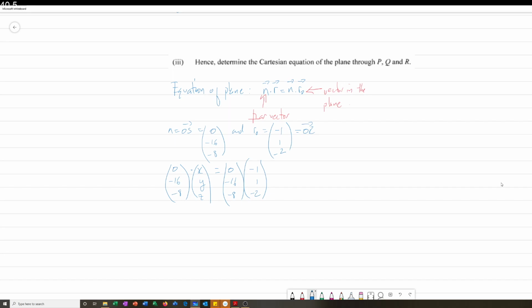So when you simplify, I don't get a value on x because you have 0 multiplied by x, so I just get minus 16y. Let me just erase that. I don't know where this came from. Sorry about that.